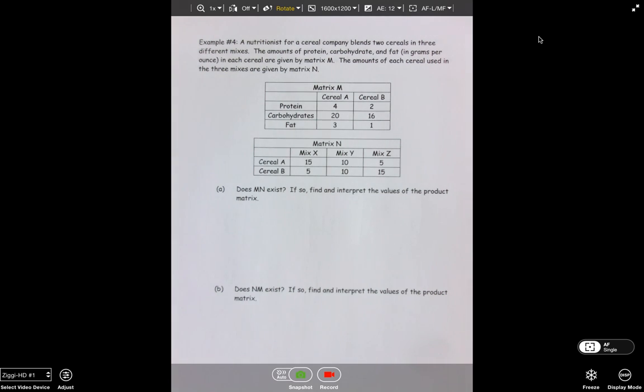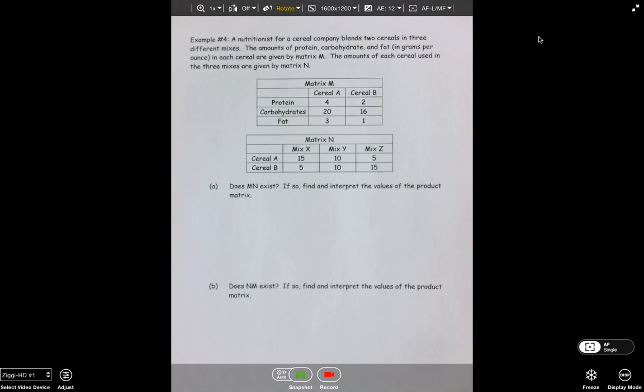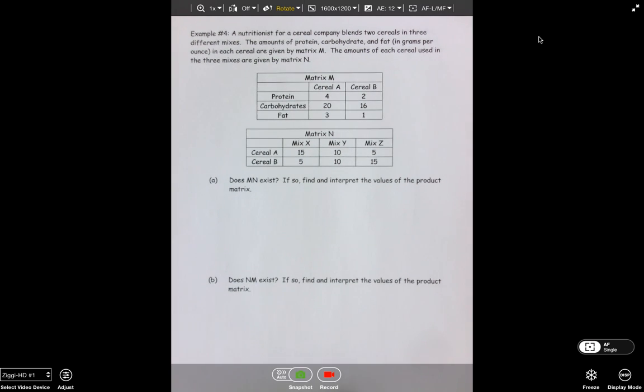All right. Now, guys, this is probably the most important problem I'll do in this video. The others are important, but this one really focuses on something important. What it does is right here.